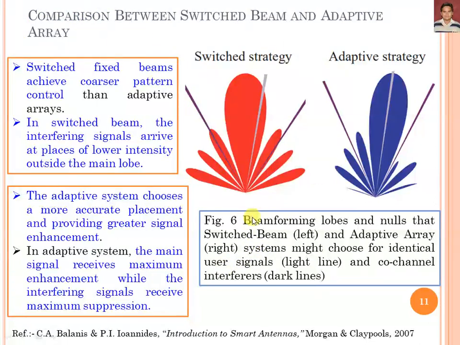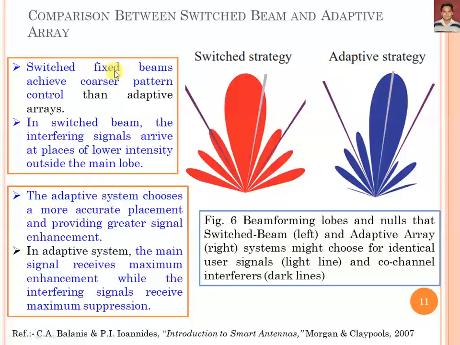Here you can see the beam forming lobes and nulls. This is the switched strategy and this is the adaptive strategy. In that case, we might choose identical users, and this is the user, and the co-channel interferers are represented by the dark lines, as you can see from these two strategies.